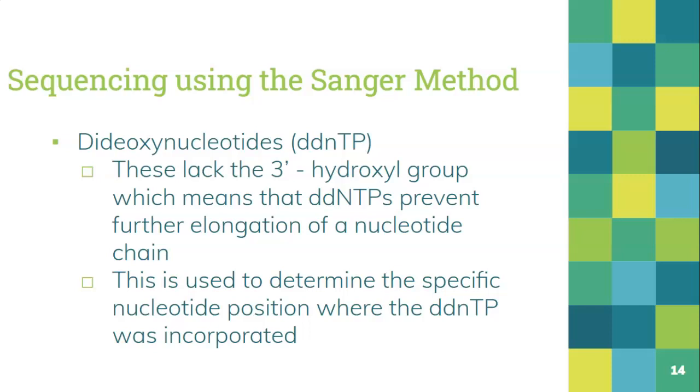And the reason that we care about this is because by putting a bunch of these ddNTPs in with the replication process, you can stop the replication process from happening in certain areas, and then you can sequence what that DNA that you're looking at actually is saying. So you can determine specific nucleotide positions based on where these ddNTPs ended up.